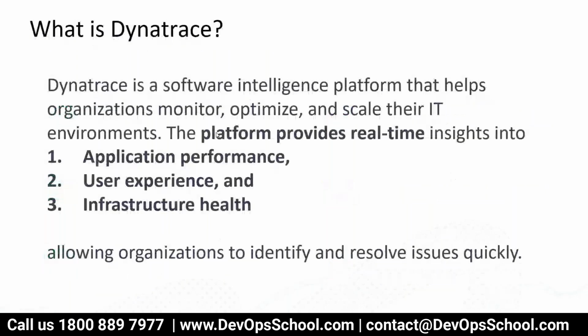So this is one of the platforms where you can implement observability. You can get real-time insight into application performance, user experience, and infrastructure health. Application performance, we typically call it APM. User experience, most of the time we call it digital experience, or real user monitoring and synthetic monitoring, and so on, allowing organizations to identify and resolve issues quickly.